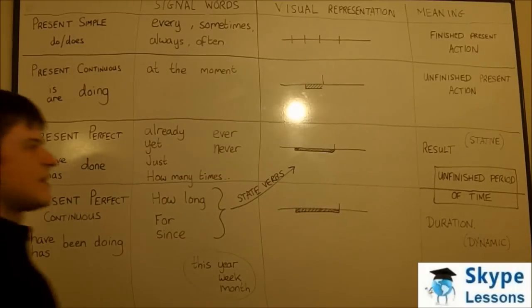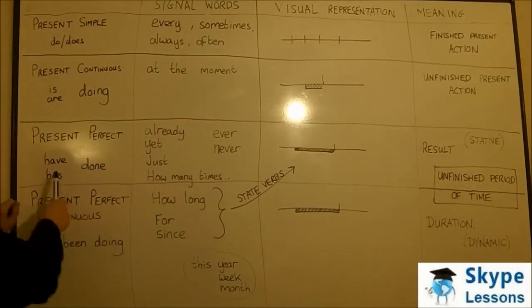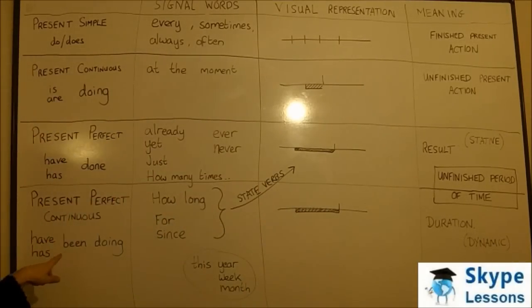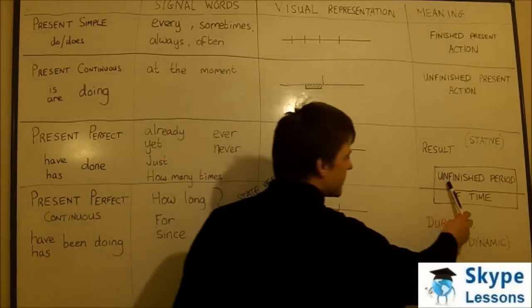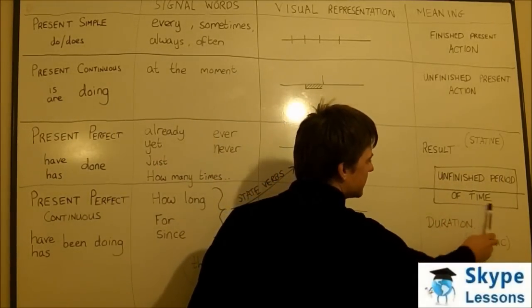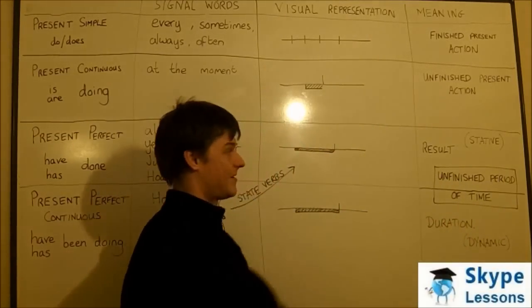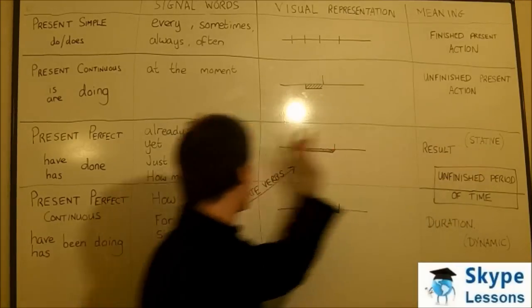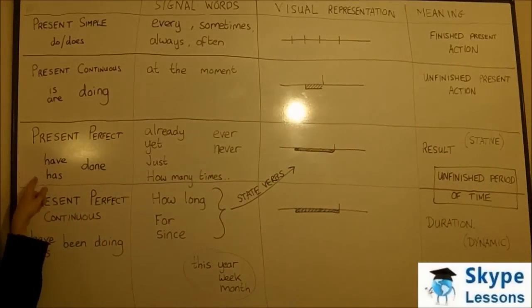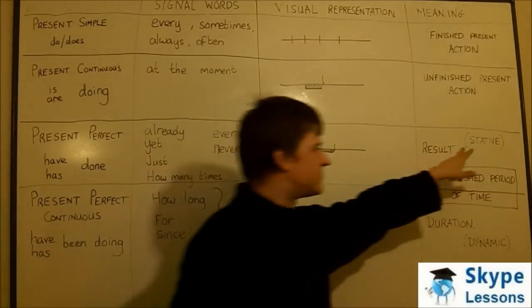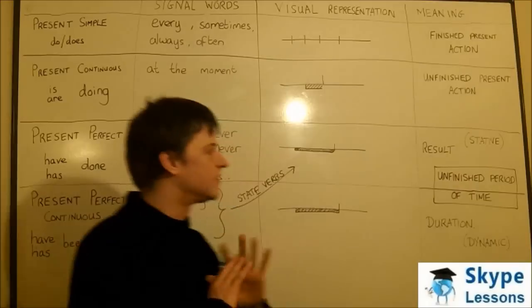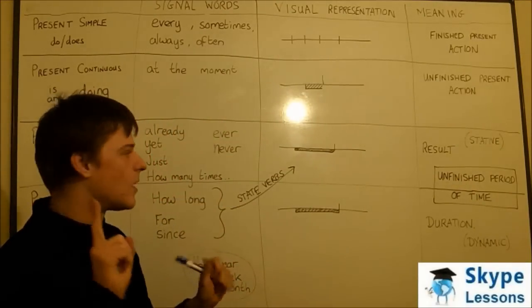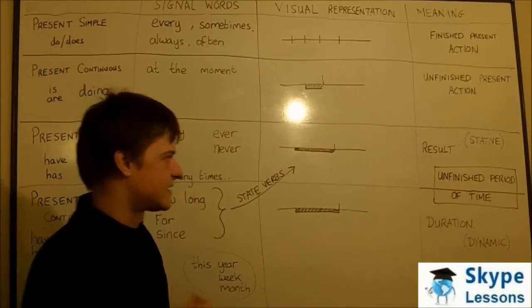And I want you to remember that really with both of these tenses, with have done and with have been doing, you need to remember that they are both for unfinished periods of time. I would use have done or has done for stative verbs. If you don't know what stative verbs are, please watch video number 1 in this series where I talk about stative verbs.